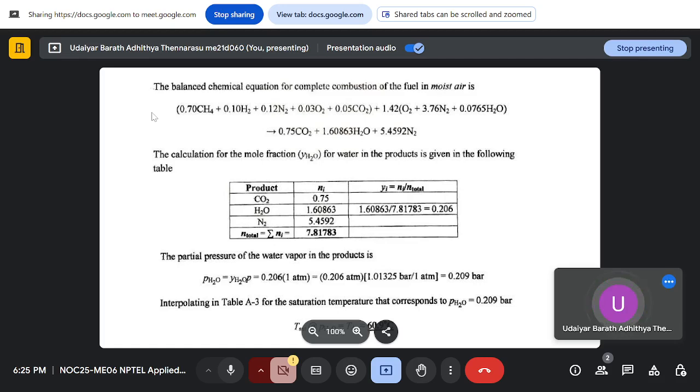So we have fuel, and A is 1.42, which we found out. So we require 1.42 times 4.76 moles of dry air, which gives you 0.75 moles of carbon dioxide, 1.60863 moles of water and 5.4592 moles of nitrogen.